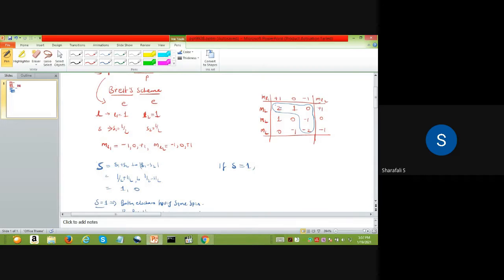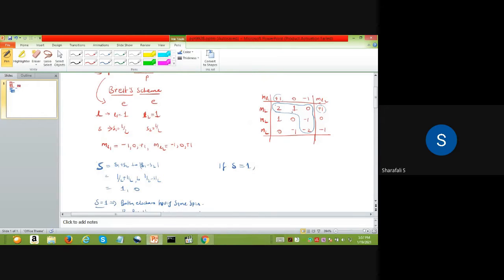But if you consider this case, the total capital ML value, which is 2, that resultant ML value is 2, is having same ML1 and ML2 values, which means that both electrons are having same ML values when you take this as your resultant.